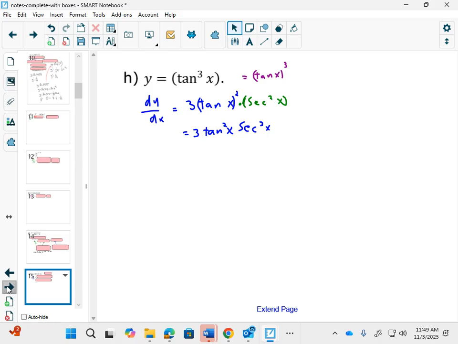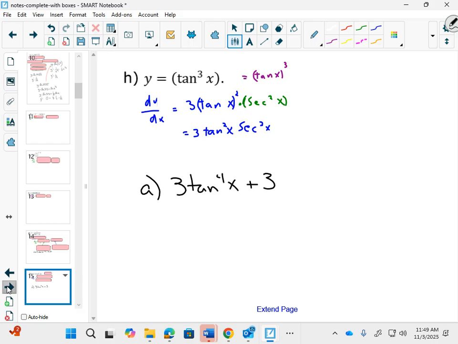And you know what AP might want to do on a multiple choice? AP on a multiple choice might have their multiple choice look like this. Can anybody see why this is the answer? What did I do?